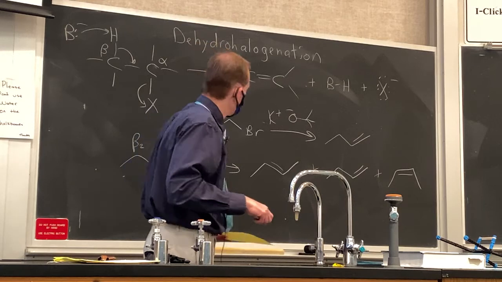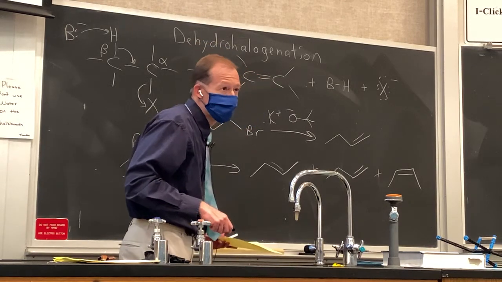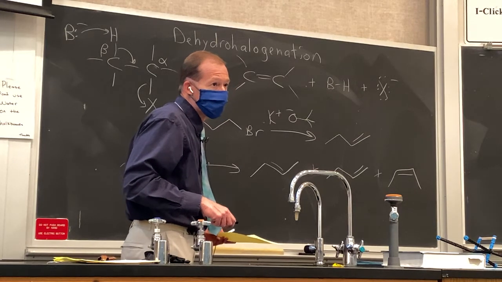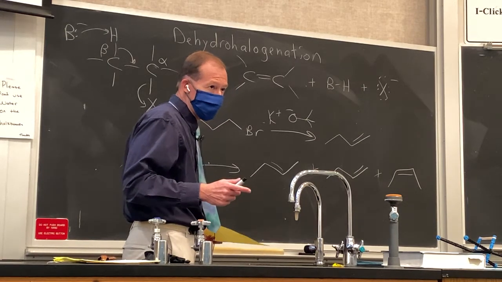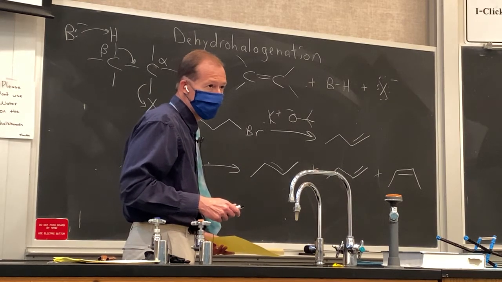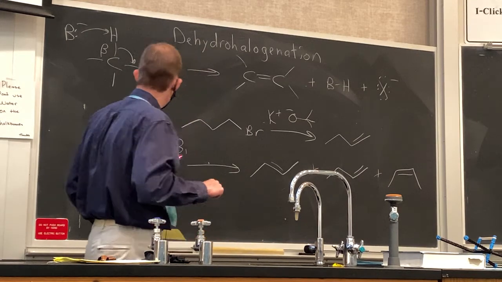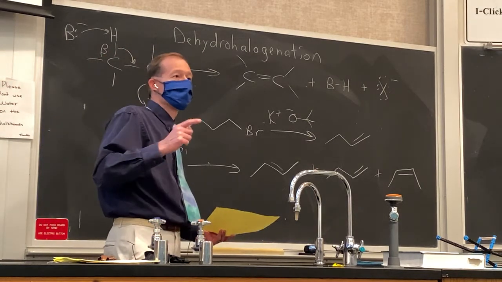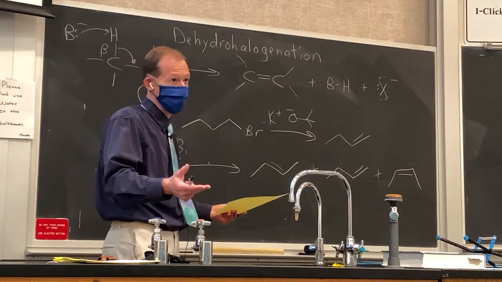So if the double bond is on which end? Yeah, so because we only have 2 sets of beta hydrogens, that tells us that we have 2 different constitutional isomers that could form.